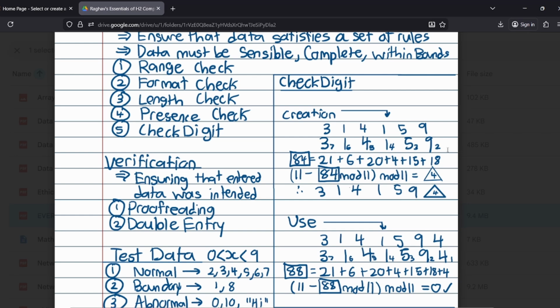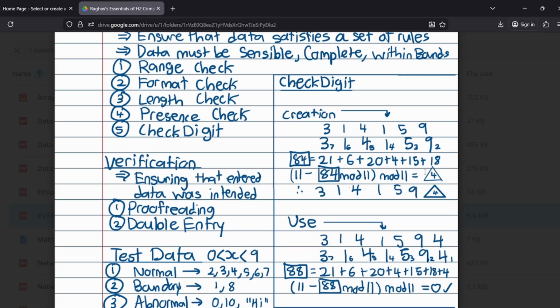So 9 would be 2, then 3, then 4, then 5, then 6, then 7, multiplying each of them: 3 times 7, 1 times 6, 4 times 5, 1 times 4, 5 times 3, and 9 times 2, and adding them all, right? Mod by 11, 11 minus that, and mod 11 again to get a number. It's a bit confusing. It's just mod, get minus, and mod. Then you have a number at the end.